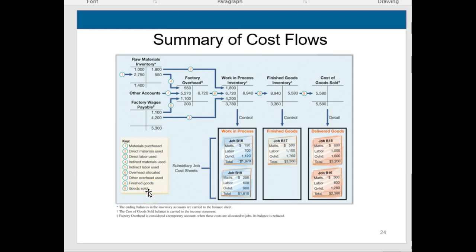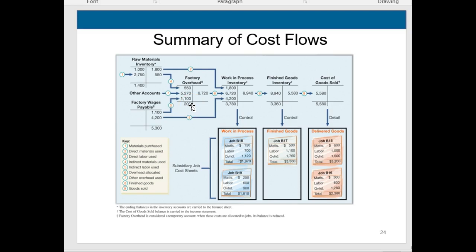Now here's an overview of the entire process. So here's our factory overhead we've put in. You see how this all adds up. This was $67.20. This one had a $200. Where did that $200 come from? There's a $200 difference here.